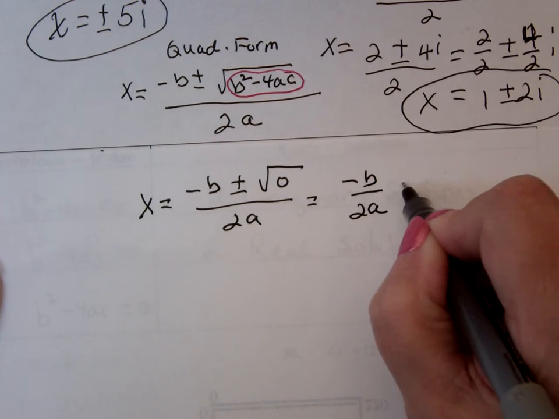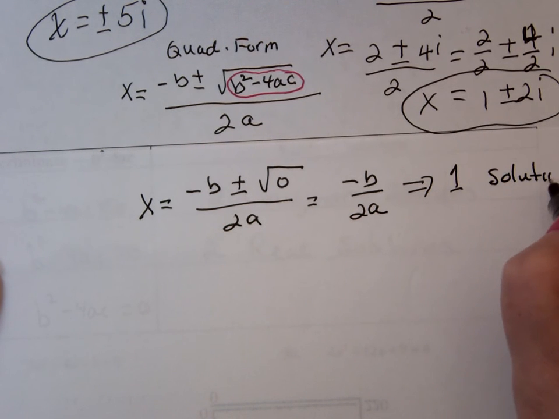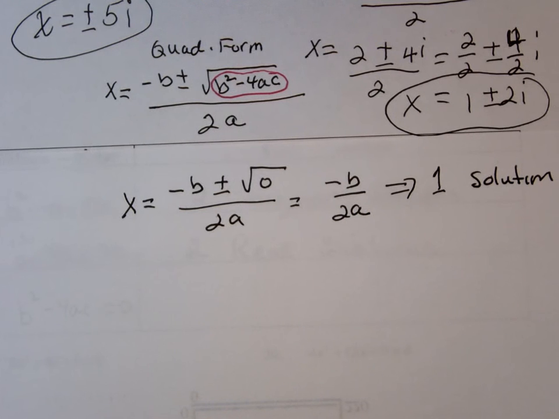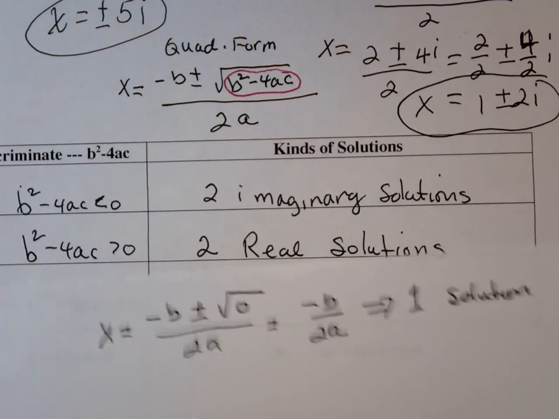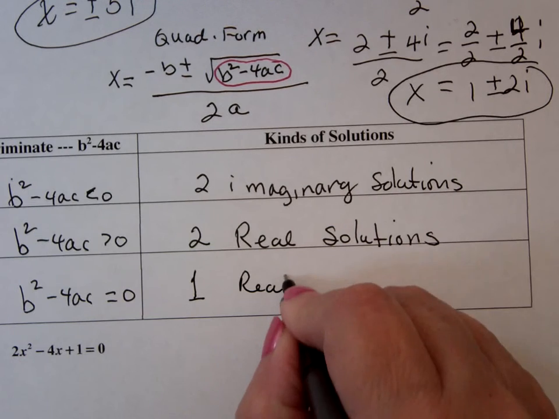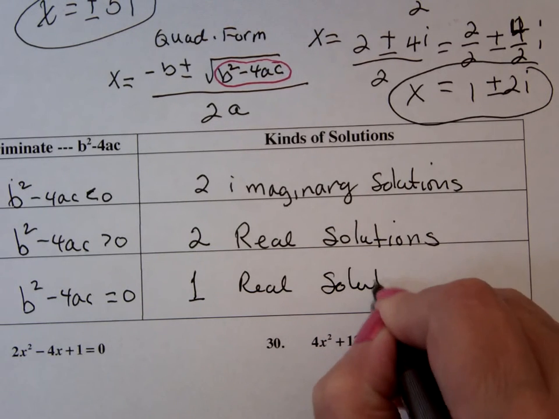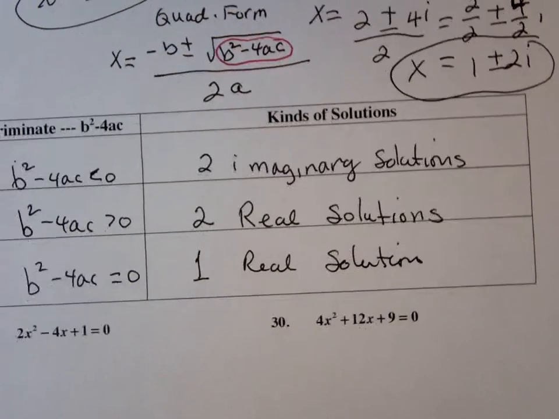I only have one solution, because the radical goes away. There's no plus or minus anything anymore. So I would have one real solution. Your book would say one rational solution, but real is fine.